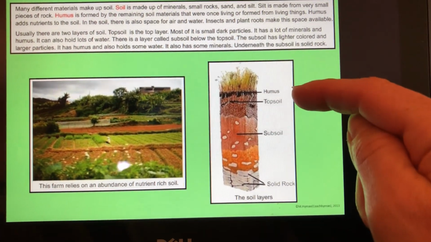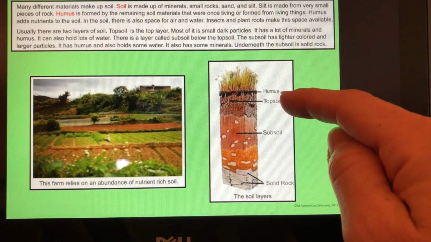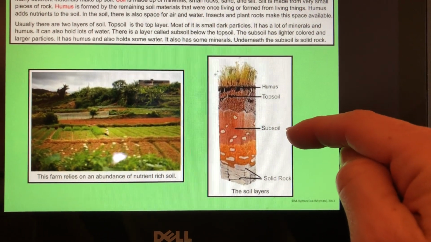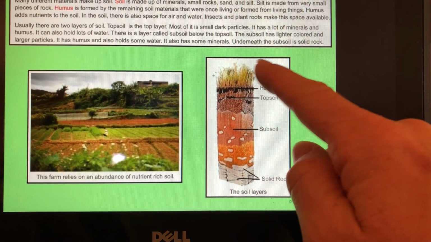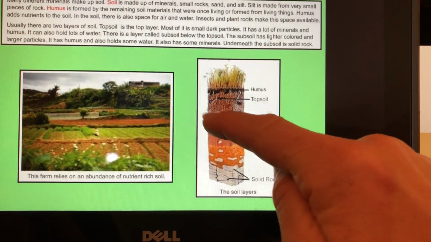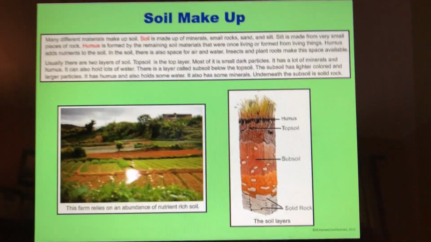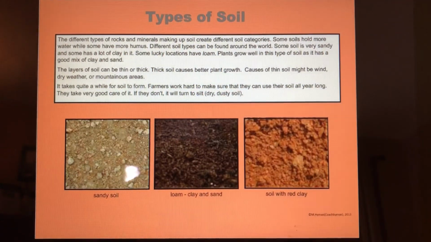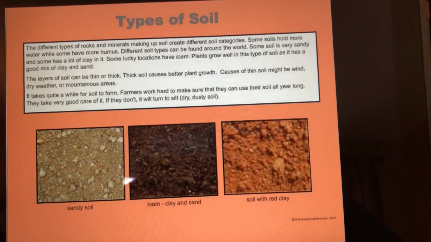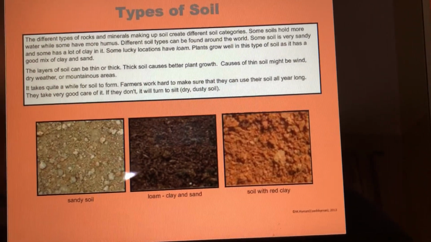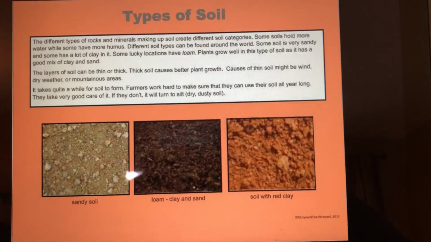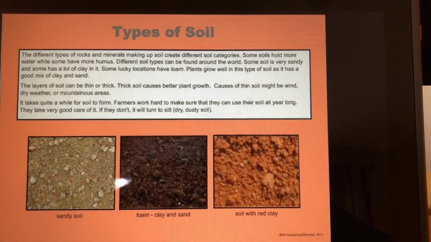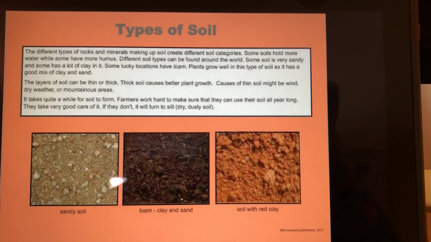You see here in this diagram, we have our top layer, then our topsoil, our subsoil, and then our solid rock. This right here is what the majority of us are feeling when we go outside and plant our gardens, like many of you have already done. There are different types of rocks and minerals making up soil, and they create different soil categories.